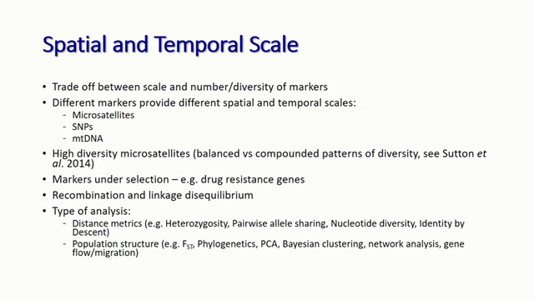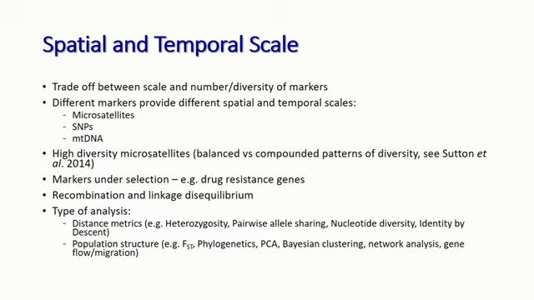With microsatellites, there's a very nice review by Patrick Sutton in 2014 demonstrating how the high diversity of microsatellites can really impact your results, where we have balanced patterns versus compounded patterns of diversity in those markers.